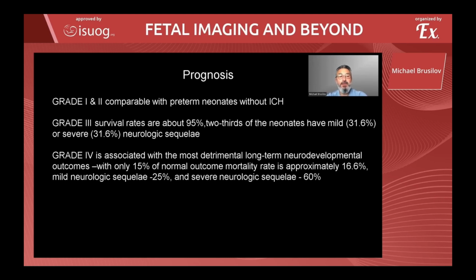Grade 4 is associated with the most detrimental long-term neurodevelopmental outcome, with only 15% normal outcome. Mortality rate is approximately 17%, mild neurologic sequelae 25%, and severe neurologic sequelae 60%.